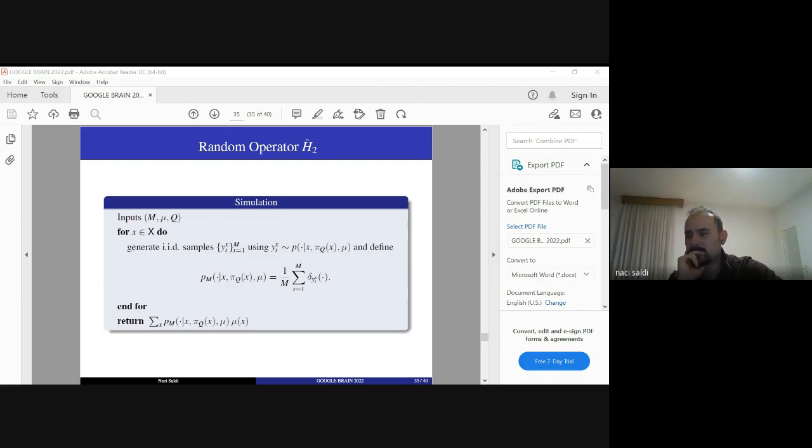I'm not sure. I have to think about it. But if we apply this operator, maybe we need to apply several times this optimality operator so that we have some bound on the difference between the optimal Q function and the Q function that we have.